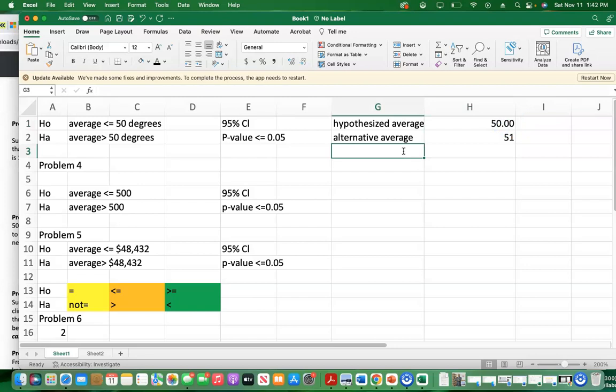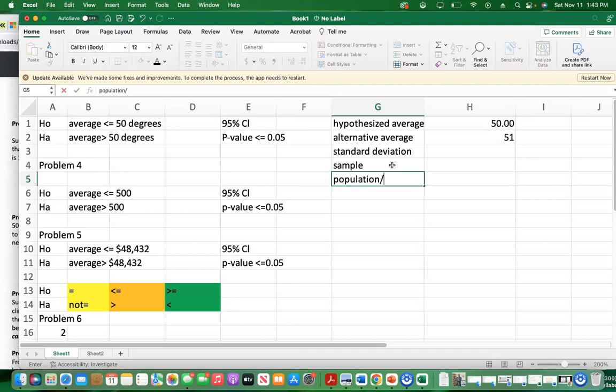Also, we need the standard deviation, and we have two types of standard deviation. We have the standard deviation of sample data, and also the standard deviation of the population, which sometimes can be given.